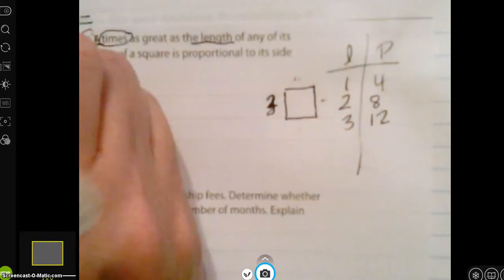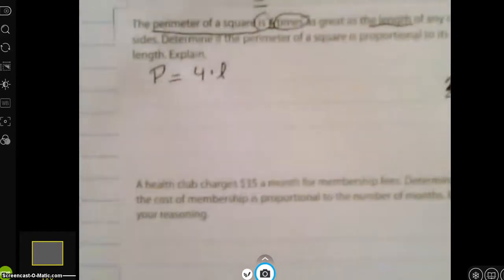So we can see that we're making a table, but even just based on the words, it says the perimeter is equal to 4 times the length of a side. And that's supposed to be an L. Y'all could not see when I did this, so I'm going to have to do it again.